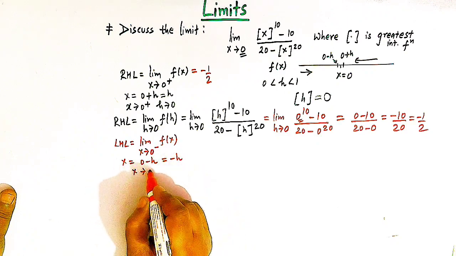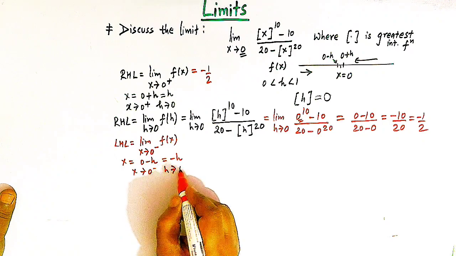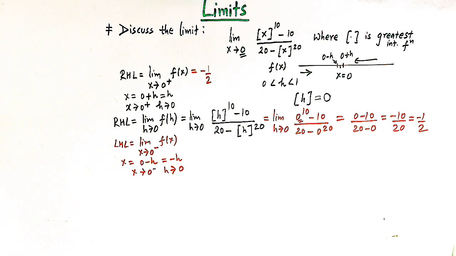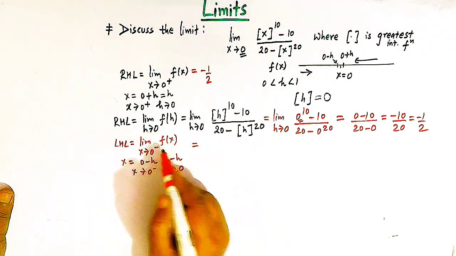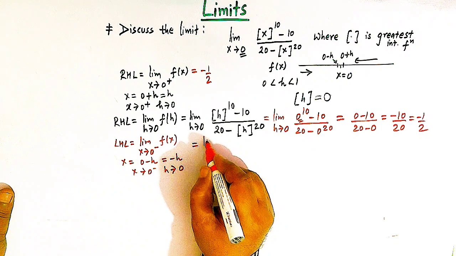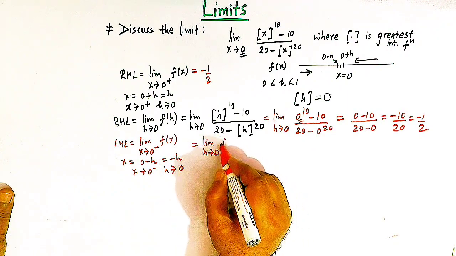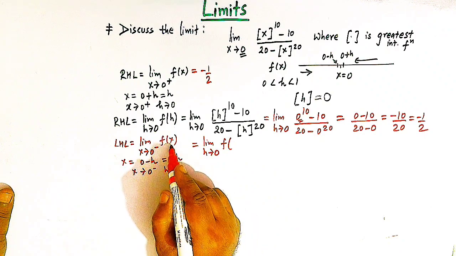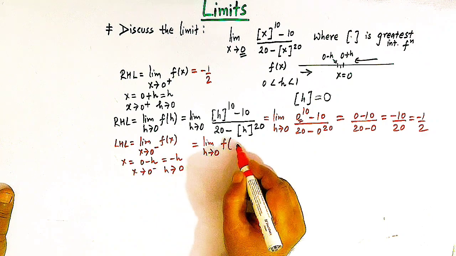And when x approaches to 0, then obviously h also tends to 0. So now we can write this limit in terms of h. So we have limit h tends to 0, and here we have f of minus h, because x is 0 minus h and this is minus h.